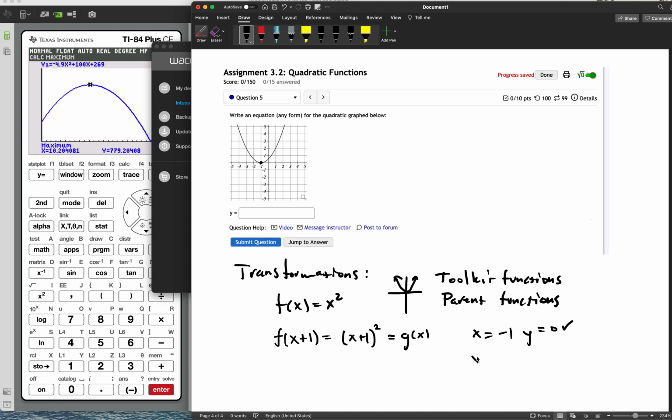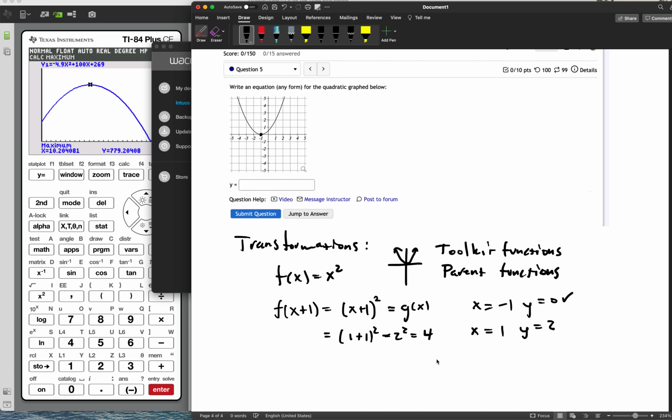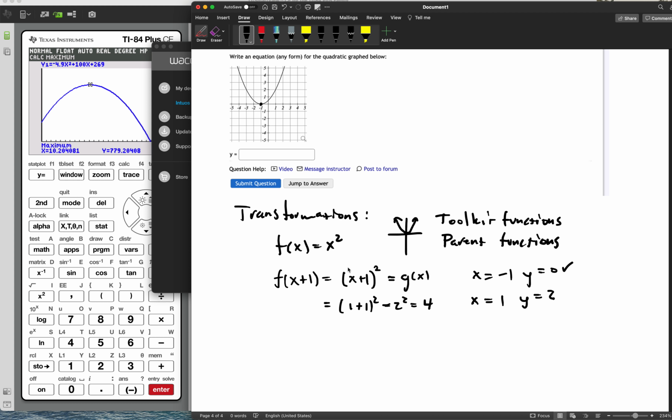Now let's check another point. X equals 1. Y should be 2. Now in my equation here, if x is 1, y is going to be 2 squared, which is 4. Uh-oh. So what does that mean? That means that there's going to be a coefficient in the front that we need to solve for.